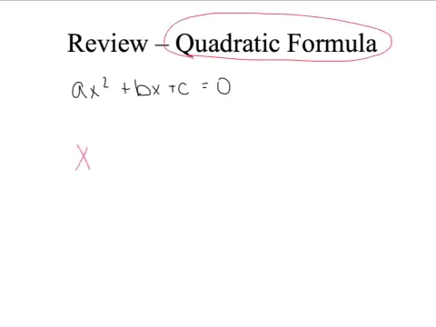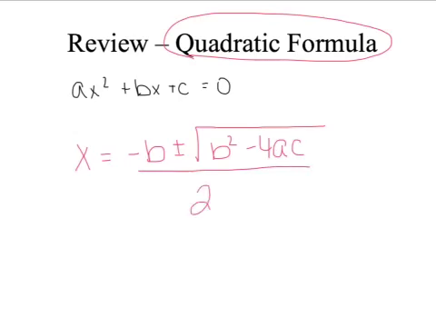So x is going to equal negative b plus or minus the square root of b squared minus 4ac all over 2a. Hopefully you're remembering that song as you're writing down the formula. And the part that we're going to work on today is just this value, right underneath the radical sign. That is called the discriminant.